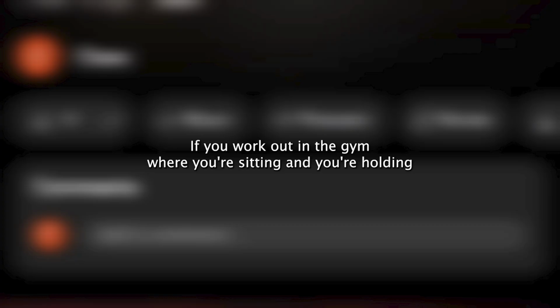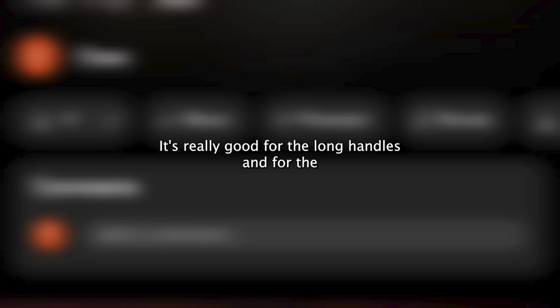There's a machine if you work out in the gym where you're sitting and you're holding a bar, and then the chair rotates. It's a great exercise. It's really good for the love handles and for the lateral sides of your abdominal area.